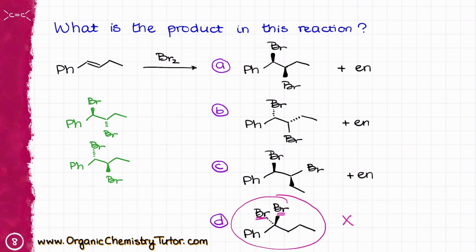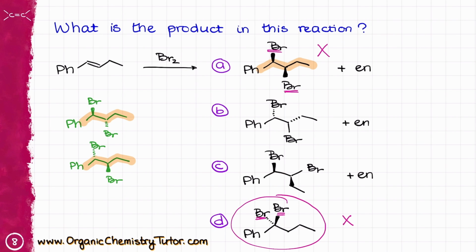So I'm going to pay very close attention to how exactly my carbon skeleton looks like, and I will see that the way I drew my products, I have my typical zigzagging of the skeleton, and I have the same zigzagging in the first option as well. However, in that first option, my bromines are looking in the same direction, they are syn to each other, which means that cannot be the correct answer either.